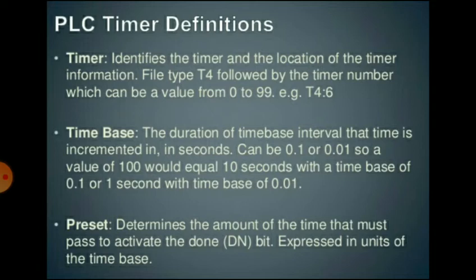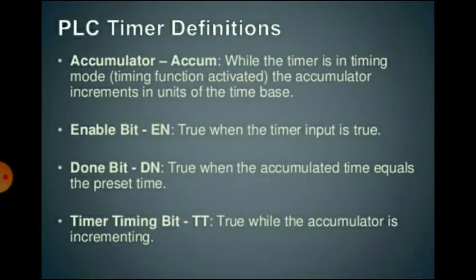Then preset. It determines the amount of time that must pass to activate the done bit, that is the DN bit. DN means done bit. It is expressed in units of the time base. Then accumulator. While the timer is in timing mode, when the timing function is activated, the accumulator increments in units of the time base.